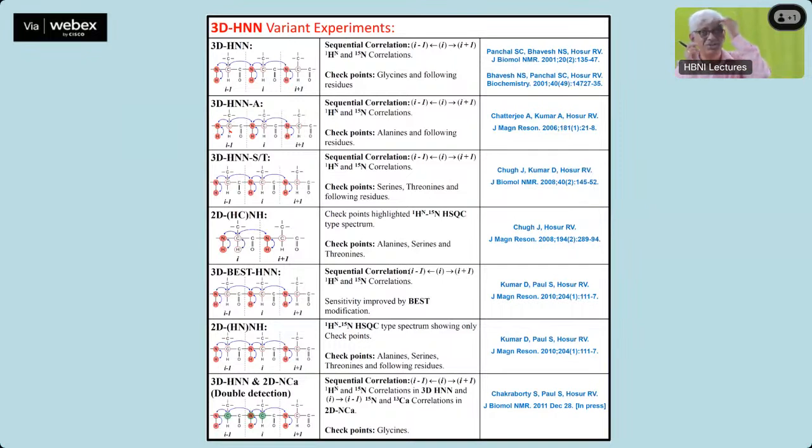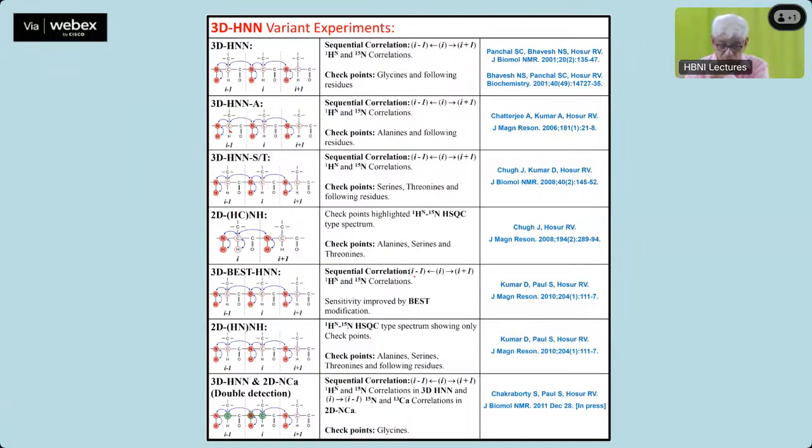This is relaxation enhanced. That relaxation enhancement allows you to reduce the experimental time, and that is called the BEST experiment. This was initially introduced by somebody else. Paul Chandra from ETH has introduced this concept of BEST. This is the relaxation enhanced experiment, band selective excitation short transient, that is called the BEST.